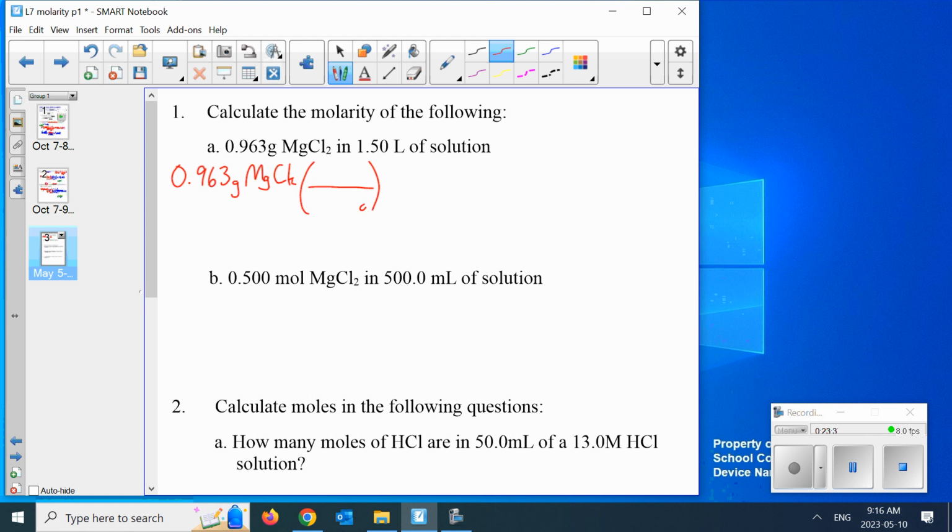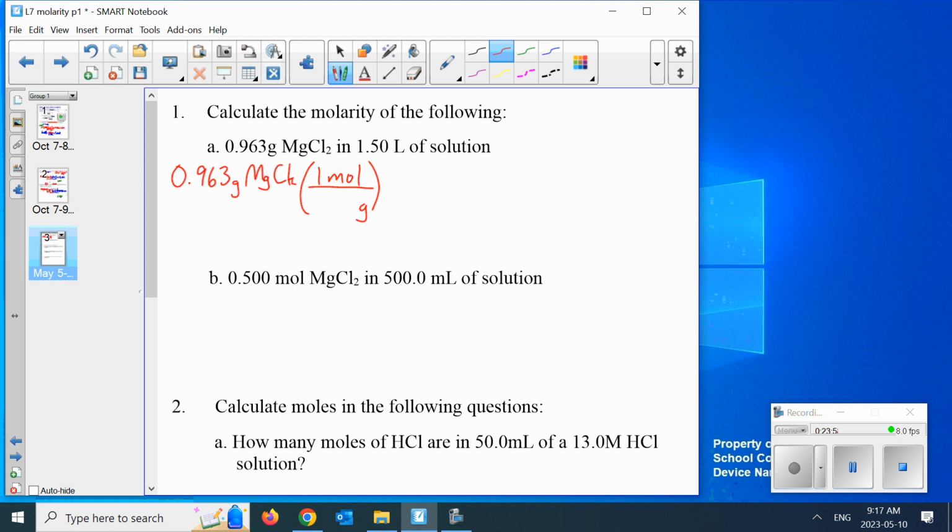And then I want to get rid of grams. I want to get to moles, because it's going to be moles divided by liters. Okay, Mg plus 2 groups of Cl. I'll look it up on my periodic table: 24.31 plus 2 times 35.45. I get 95.21.